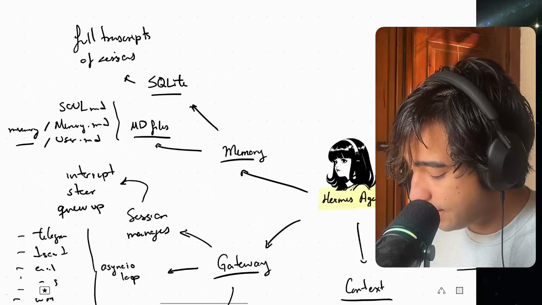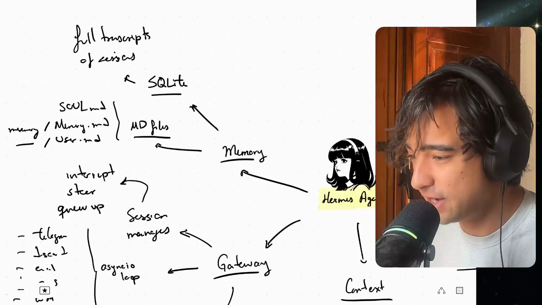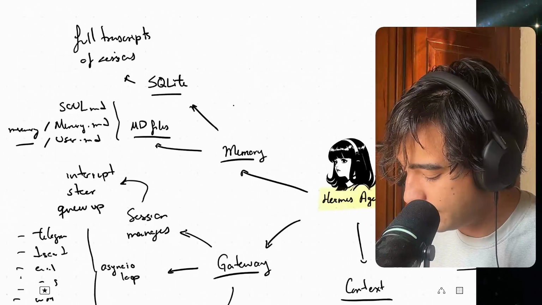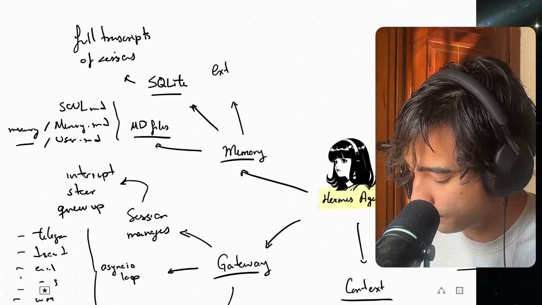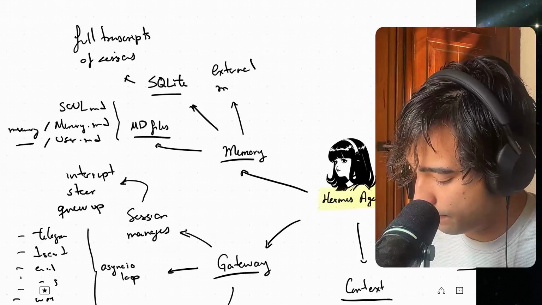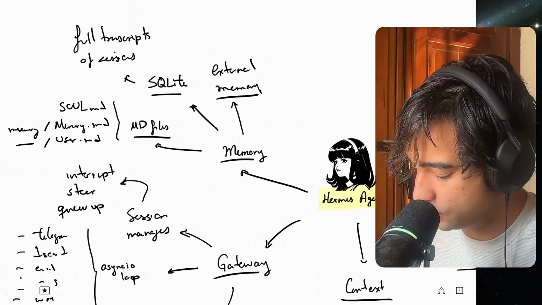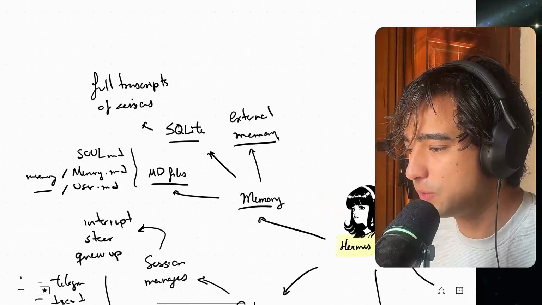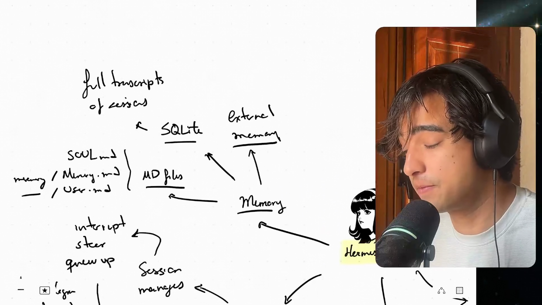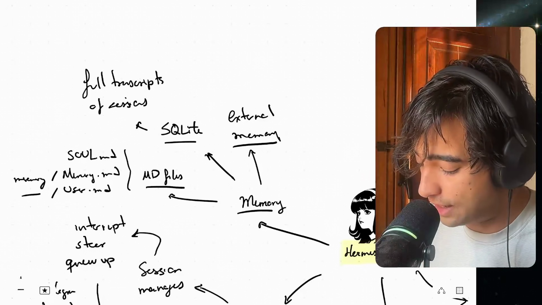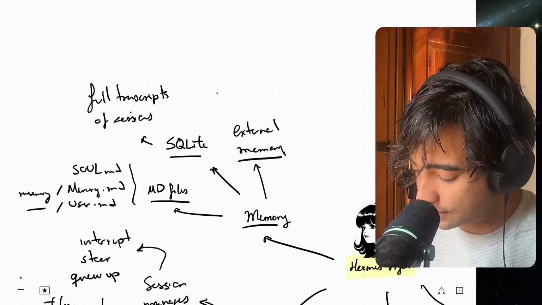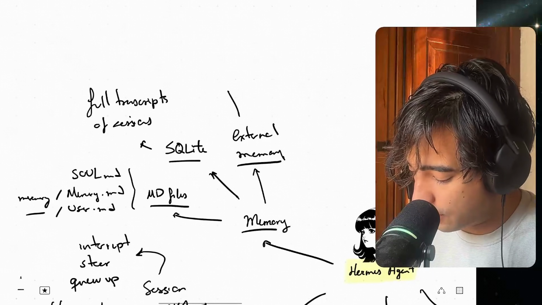And something else that is also very important and very useful is not the SQLite part, but the external memory. And this one, as I mentioned before, is not configured by default. The external memory actually comes from different external providers, and there are a bunch.